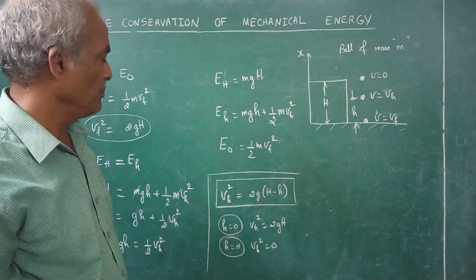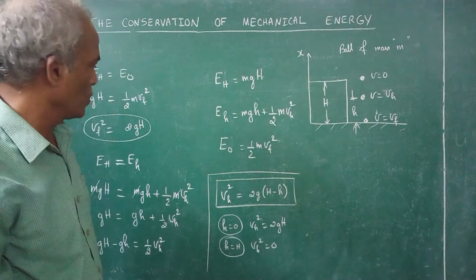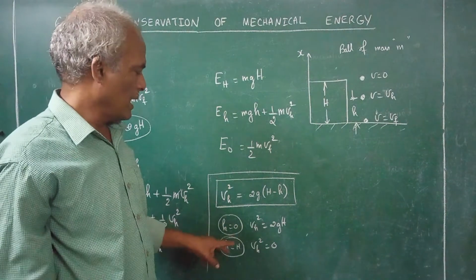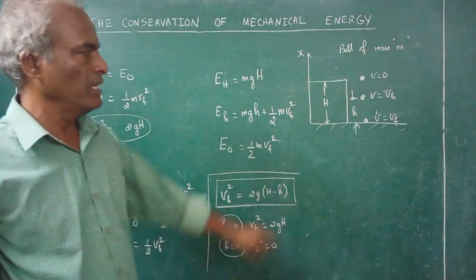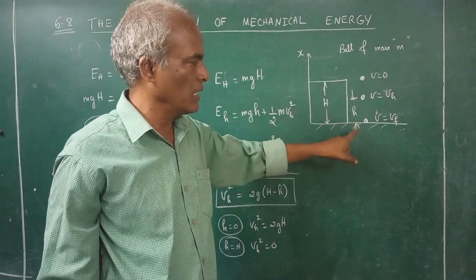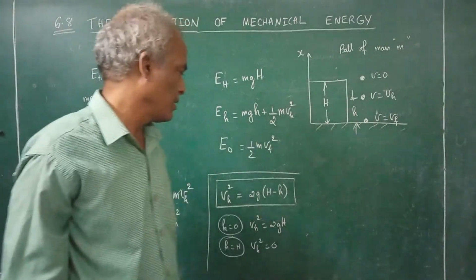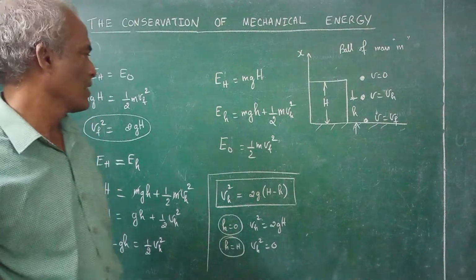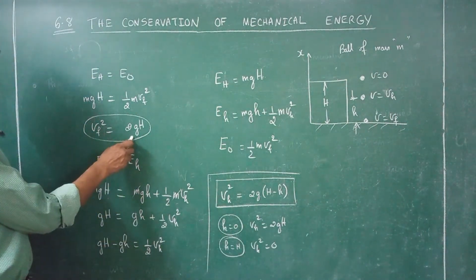That's the equation. Now we will deal with two cases. If you see, both will be equal. At h equal to 0, that means this displacement is 0, so this is at the ground level, we have 2gH. That's what we have here also, 2gH.